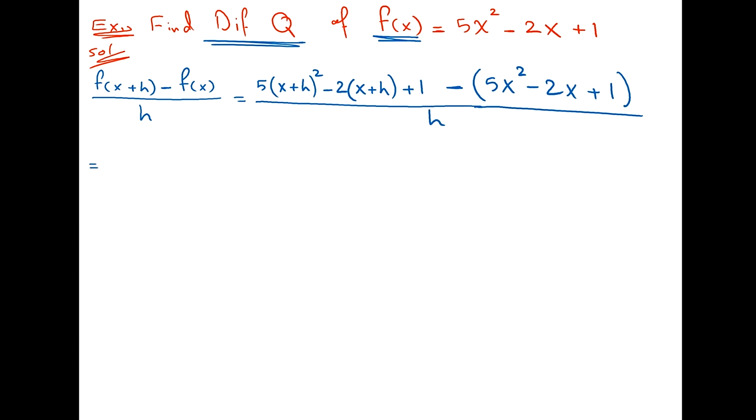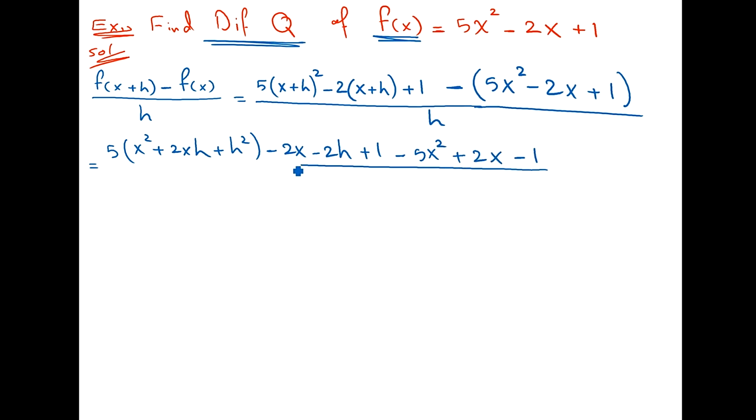So this equal what? Now we must do more simplification and remove the brackets. So we have 5x squared plus 2xh plus h squared minus 2x minus 2h plus 1 minus 5x squared plus 2x minus 1, all over h.